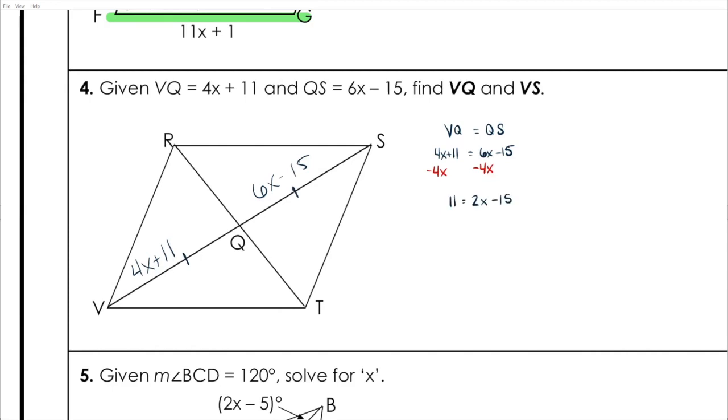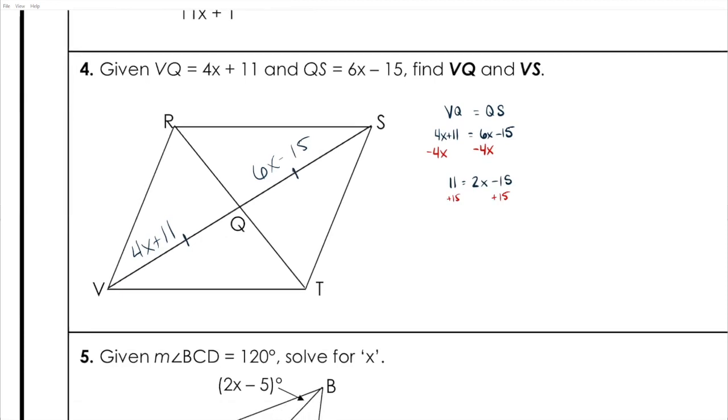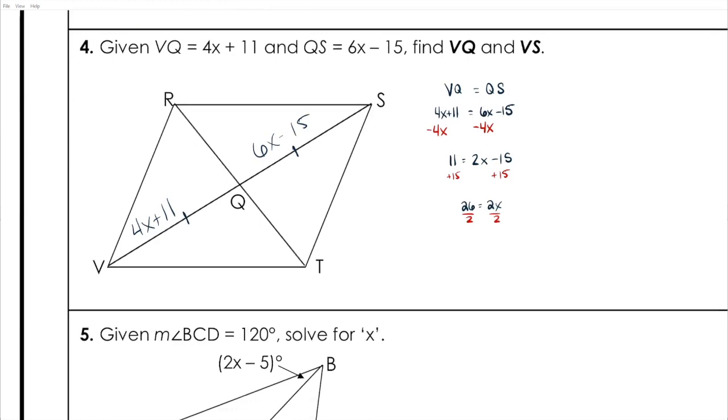Now that we've got our variable to one side, we can move our constant. So we're going to add 15 to both sides. 26 is 2x. And then now that our variable's all alone, we can divide by the coefficient. So we know our variable, x, is 13.